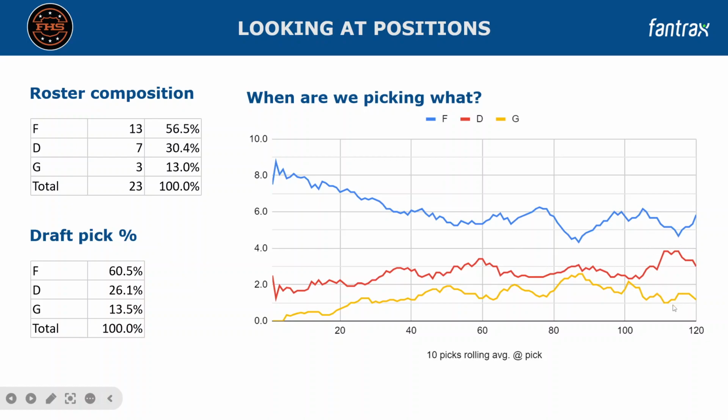Towards the end of the draft it's still interesting. The sixth round is usually for defensemen most, especially since the last 10 picks are slightly more geared towards defensemen in terms of percentage.